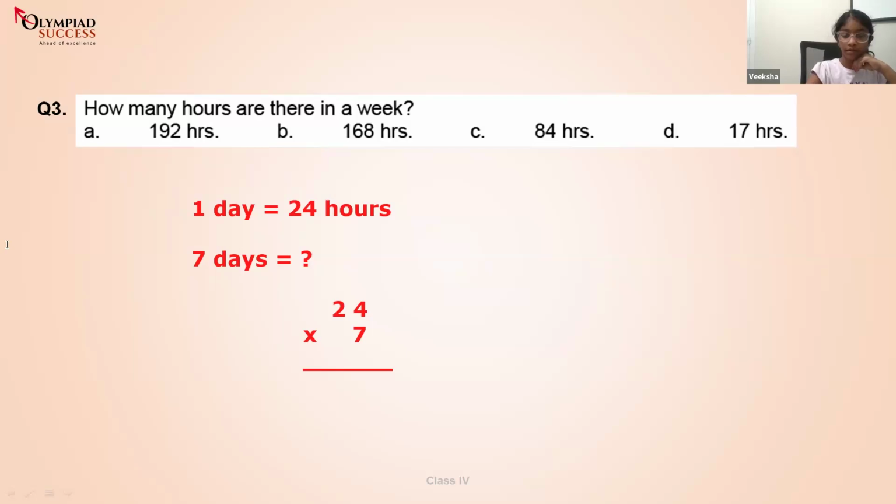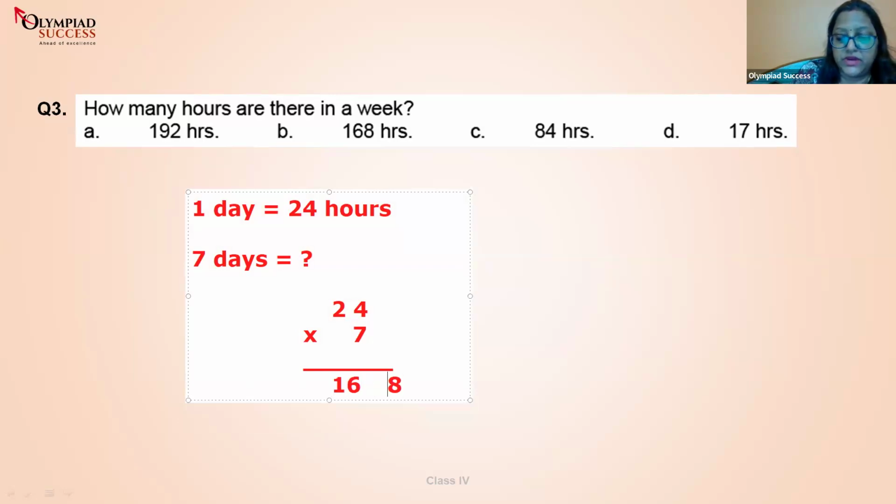168. 168, right? 4 times 7 is 28. So you will be having 8 and 2 as the carryover. Next, 7 times 2 is 14. 14 plus 2 makes 16.